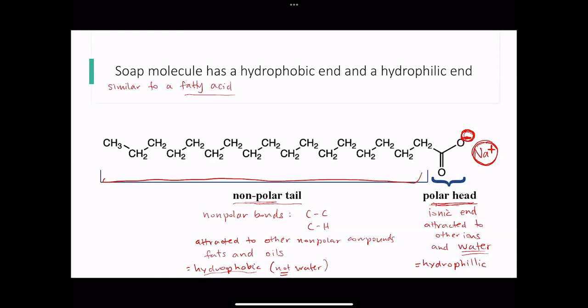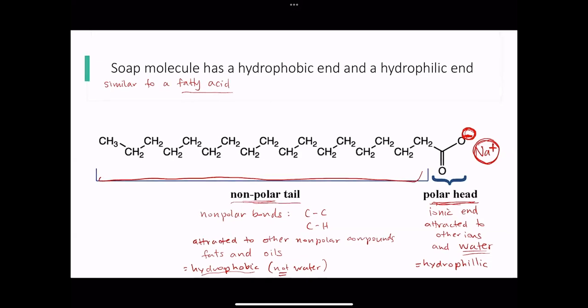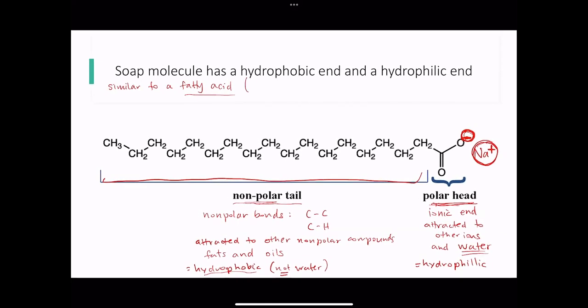That is similar to a fatty acid, the structure of the soap, but not exactly the same, because the fatty acid has a carboxylic acid at the end. The carboxylic acid group is, in short, COOH, with the double bond oxygen and single bond OH.